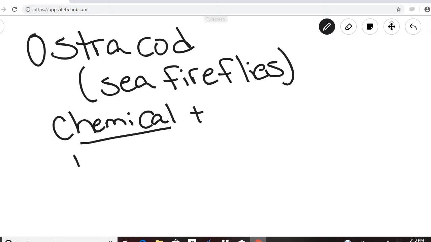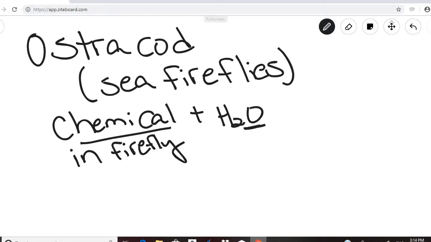So, chemical in the firefly, and when we mix that with water, here's where that oxygen comes from, the water. And then that will produce the bioluminescence. It will produce the shining light.